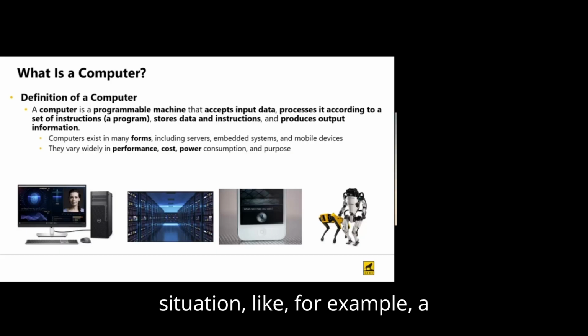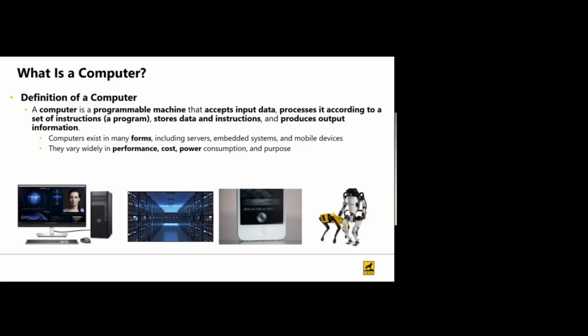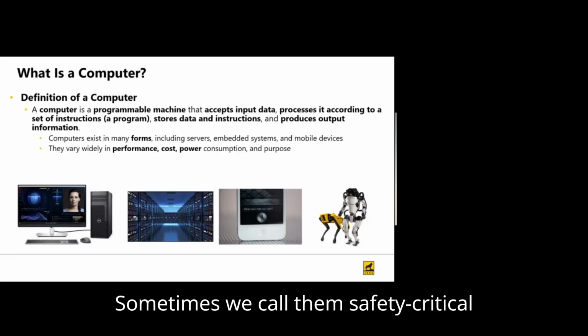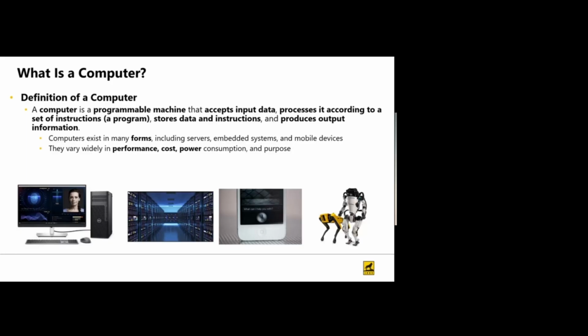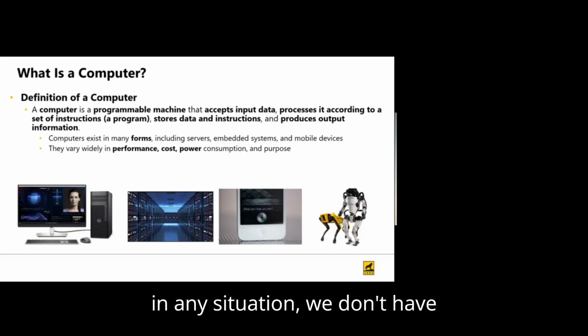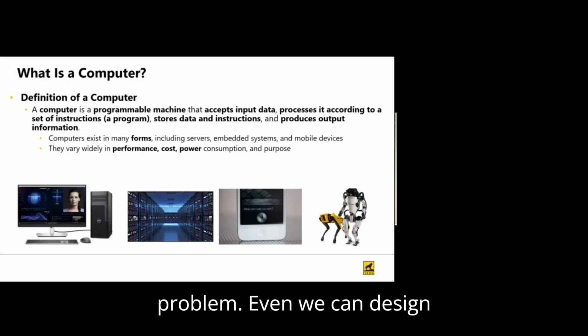For example, a processor controlling something critical in your car needs to work in any situation. If it's not working, it's going to make a problem. Sometimes we call them safety critical computers or safety critical systems because they need to work in any situation without problem.